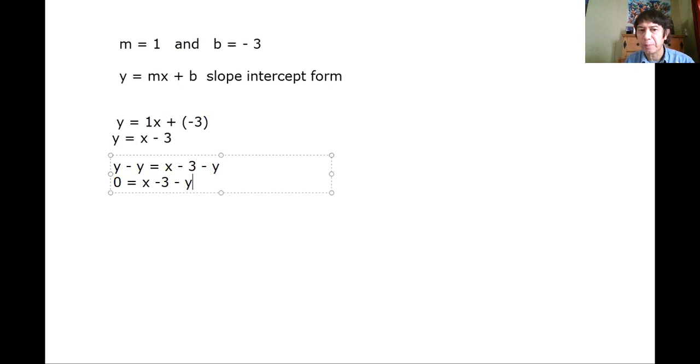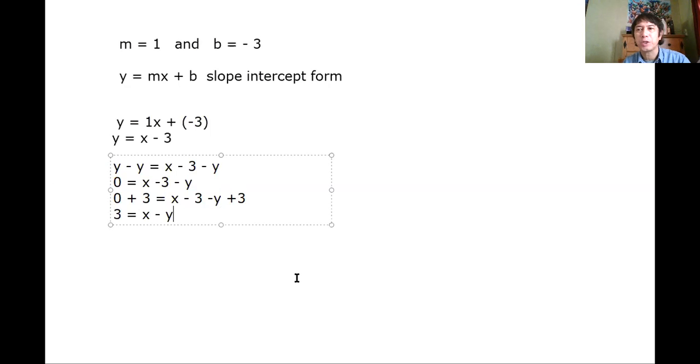We shall just move that number, -3, to the other side by way of addition. So we now have 0 plus 3 equals x -3 minus y, and we add 3 there. And so what happens next will be 0 plus 3, which is 3. And the right side is just x minus y there. Because the -3 and the 3 cancel out to 0. And we now have 3 is equal to x minus y.